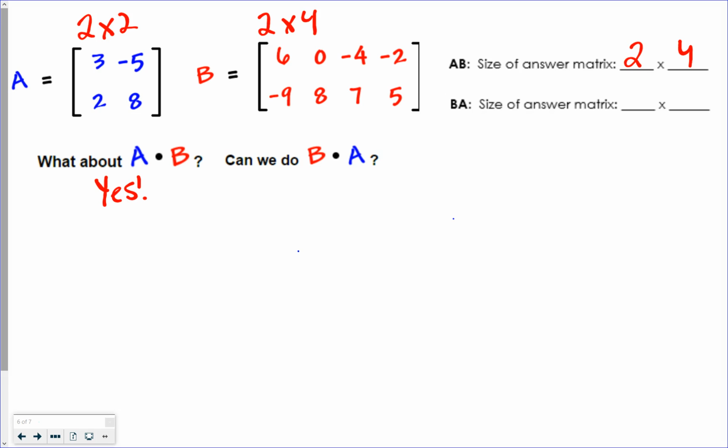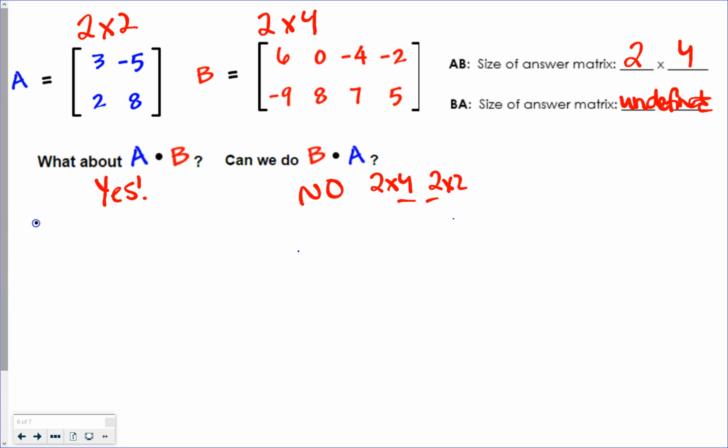Now, could we flip-flop them? Could we do B times A? No. How come? Because then my 4 and my 2 is in the middle, and that's what messes it up. Okay? So, we cannot do B and A. We can do A and B, so we're going to do A and B. Okay?